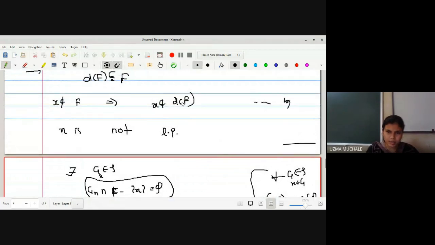For this, X is not a point of F. By definition of not a limit point, I have to write this as F minus singleton X.